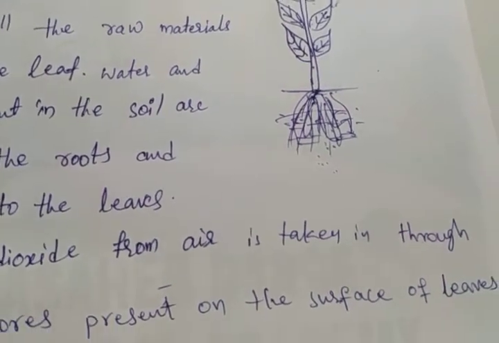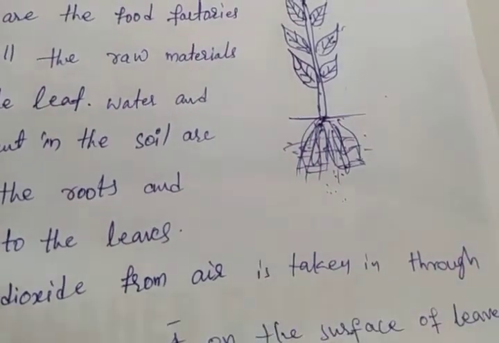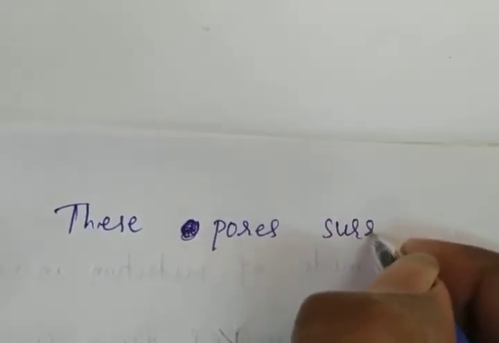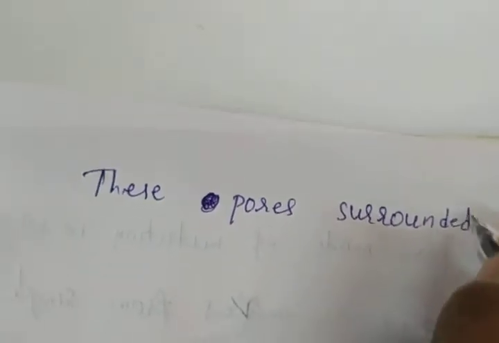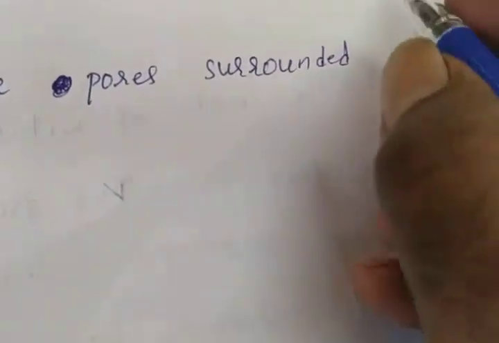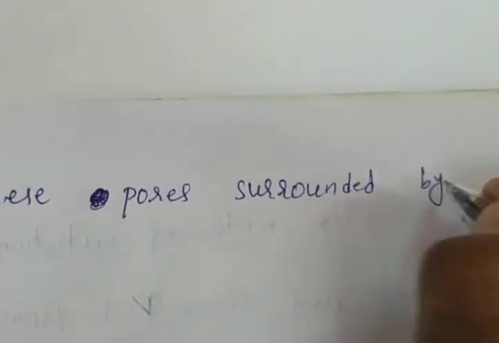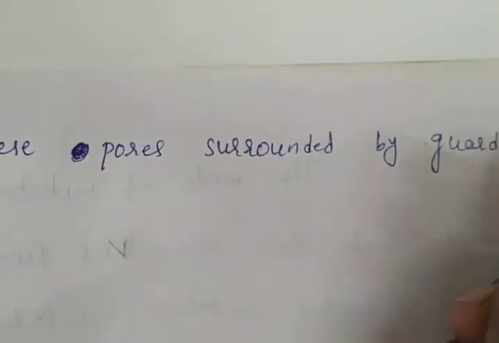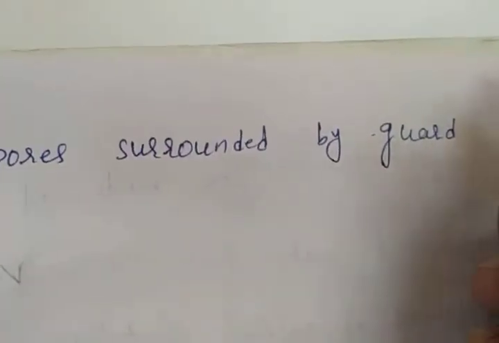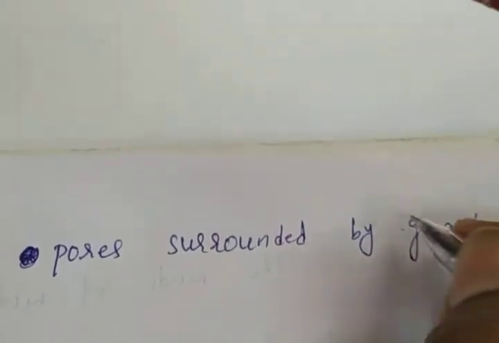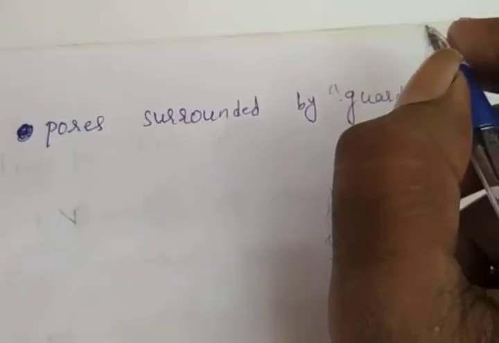Tiny pores present on the surface of leaves. These pores are surrounded by guard cells. Okay, what are the guard cells?